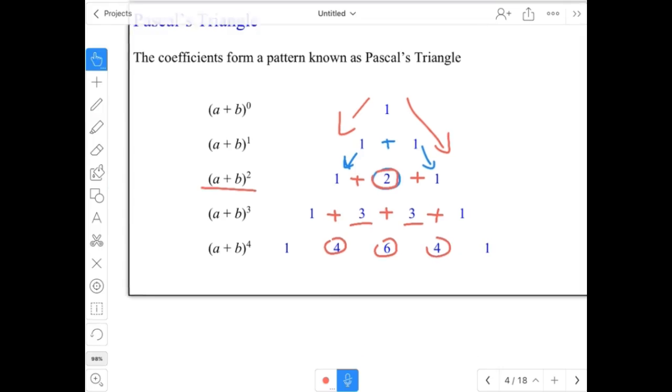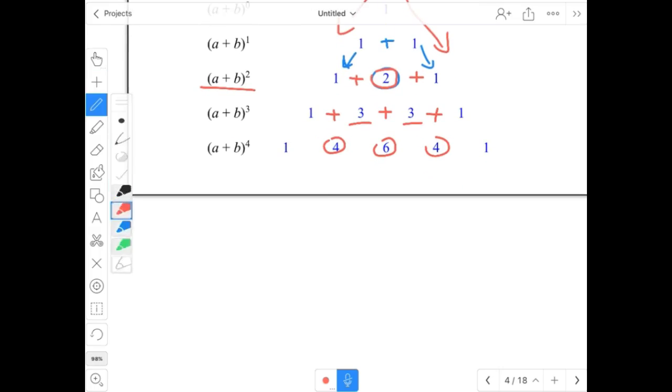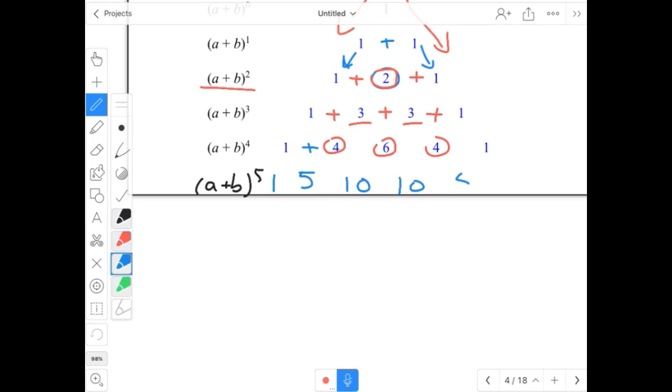So I'm going to do this raised to the 5th power, and we should be able to tell what the pattern is just based on how everything else is going. So our outside, we're going to have a 1. Then I'm going to have 1 plus 4, so we'll have a 5 in the middle of those two. 4 plus 6, we'll have a 10. 6 plus 4, we'll have a 10. 4 plus 1, we'll have a 5.